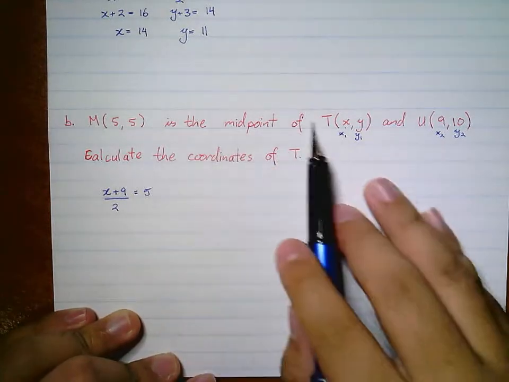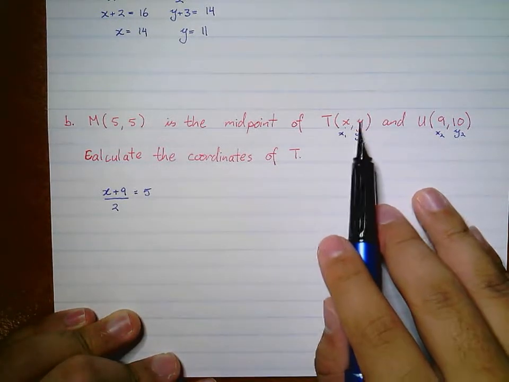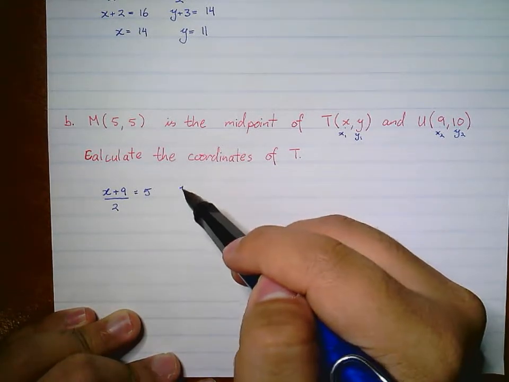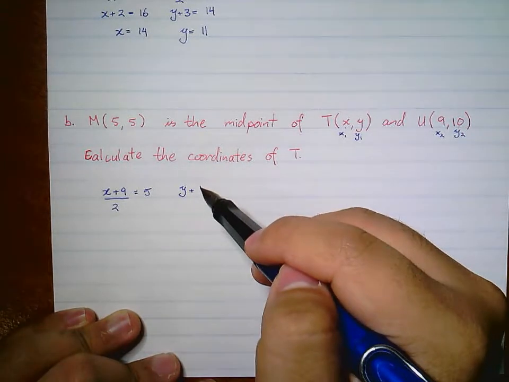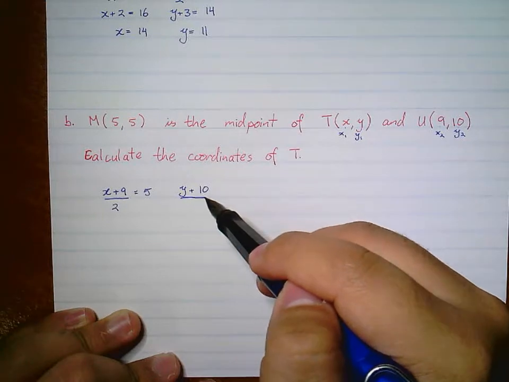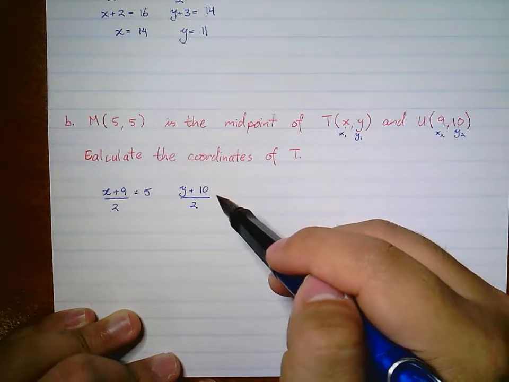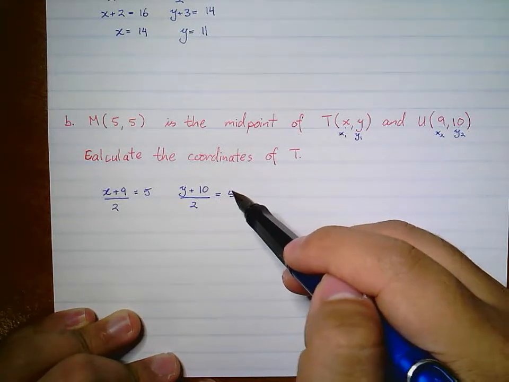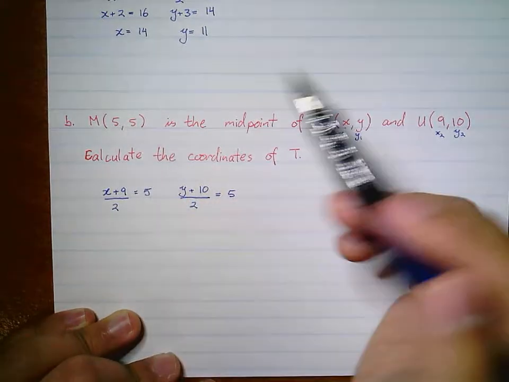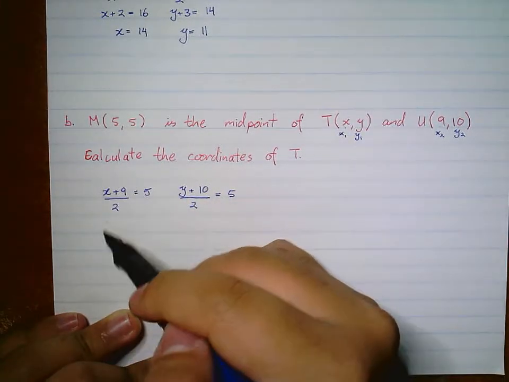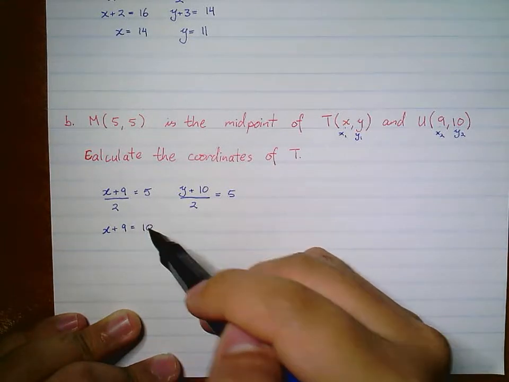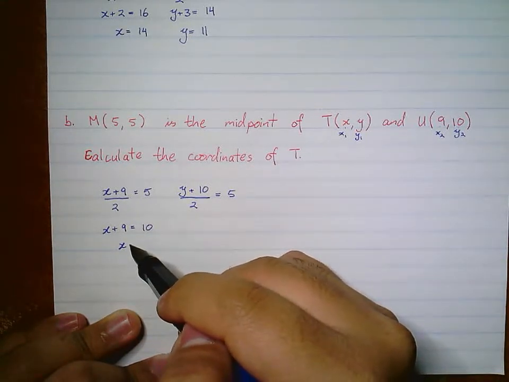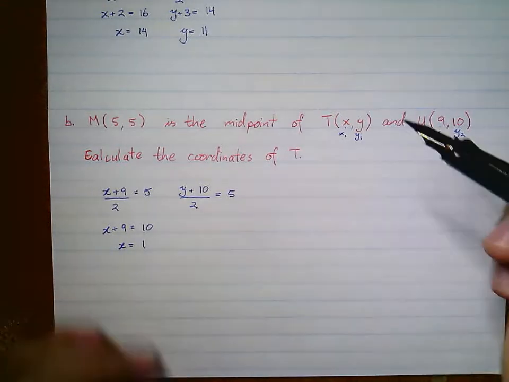Similarly, this point here, y plus 10, divided by 2 will also give us the value of 5. Solving for x, we get x plus 9 equals 10, and x is equal to 1.